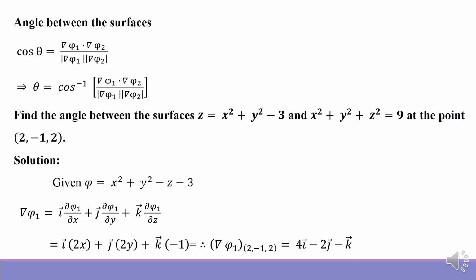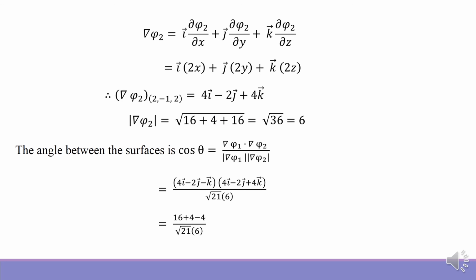Next the second surface is φ2. φ2 equal to x square plus y square plus z square minus 9. To find ∇φ2, vector i into ∂φ2/∂x, vector j into ∂φ2/∂y, vector k into ∂φ2/∂z. Partially differentiating φ2 with respect to x, y and z, we get the values of ∂φ2/∂x, ∂φ2/∂y, ∂φ2/∂z. Then ∇φ2 at the point (2, minus 1, 2), replace x by 2, y by minus 1, z by 2.